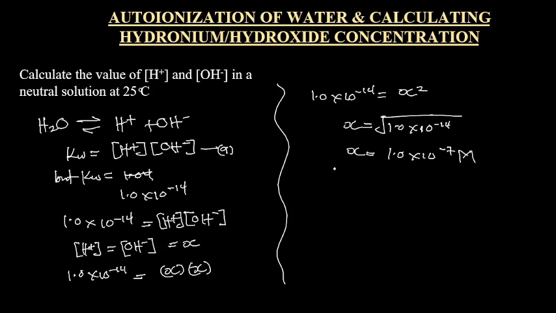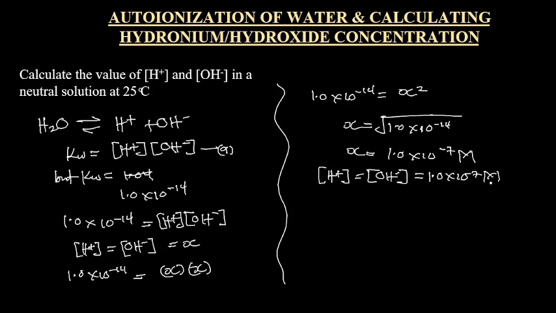So this becomes the concentration of H plus as well as the concentration of OH minus, equal to 1.0 times 10 exponent minus 7 molar, right? So when we take water, we say that the concentration of the H plus and the hydroxide is equal, and that value is 1.0 times 10 exponent minus 7 molar.